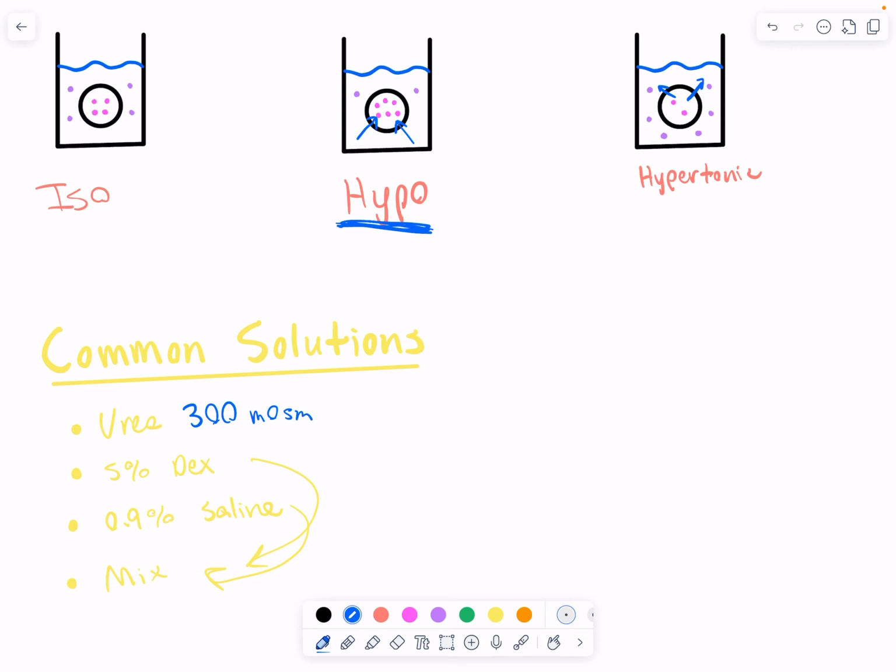The same thing could happen with dextrose, but dextrose is different in the fact that right when dextrose gets into the cell, it's going to metabolize, and so it kind of disappears.